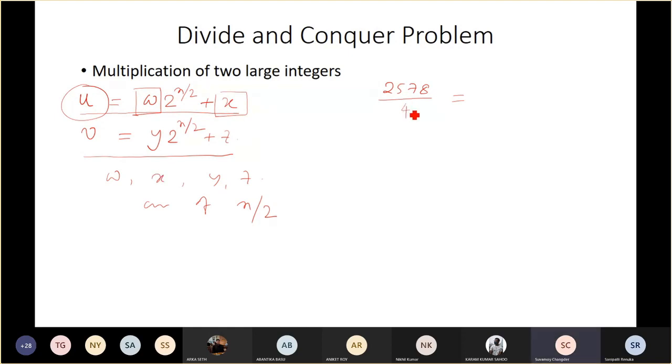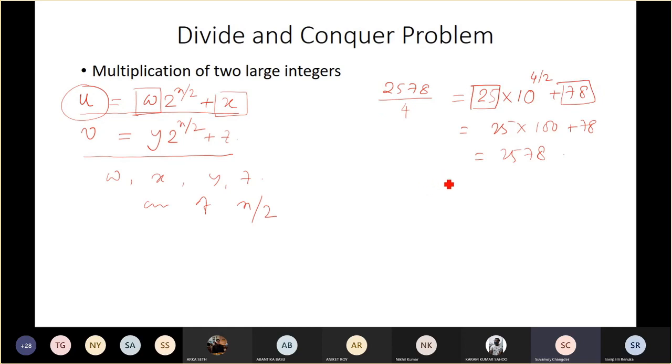Therefore, here, since it is 4, we can write 25 into, since we are talking about decimal number, our base is 10, length of the number is 4, therefore 10 to the power 4 by 2, plus 78. So here it is 25 into 100 plus 78. So we can write 2578. Okay. So for 2578, W is 25 and X is 78.